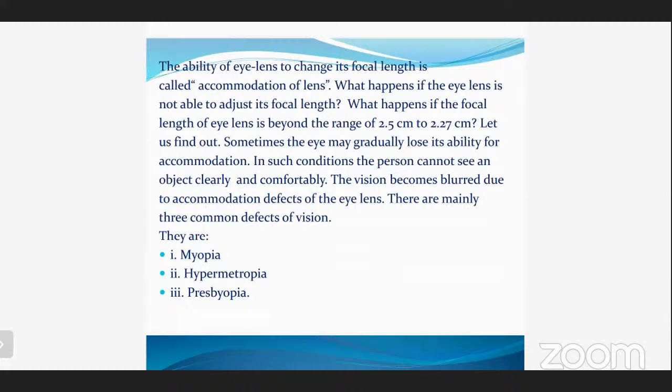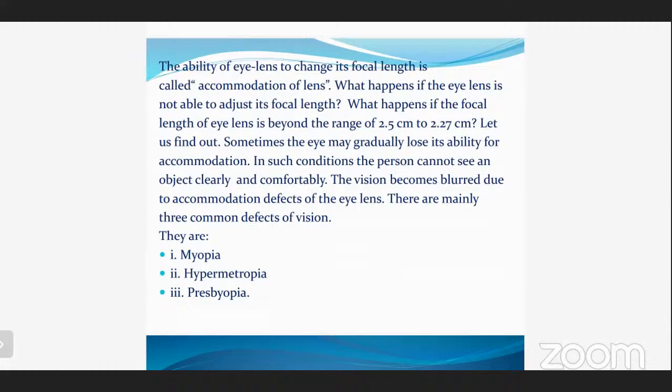So the ability of the eye lens to change its focal length is called accommodation. This we have learned is done by the ciliary muscles. What happens if the eye lens is not able to adjust its focal length?